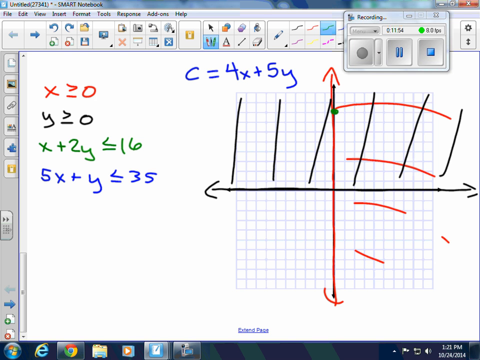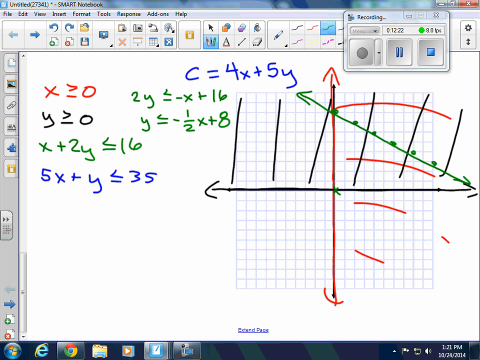So I'm going to have 2y is less than or equal to negative x plus 16, which means y is less than or equal to negative 1/2 x plus 8. So now I can go down 1 over 2. I don't have to go all the way out, and I can draw this line.